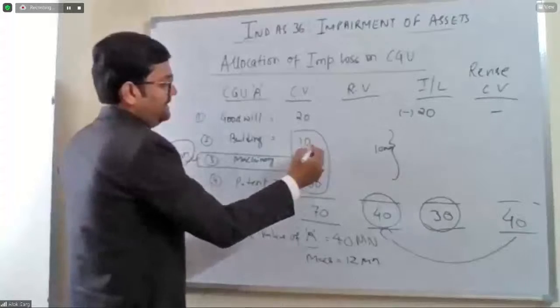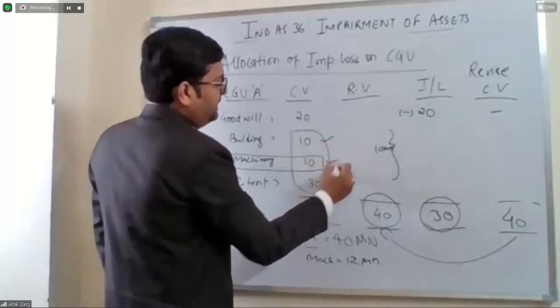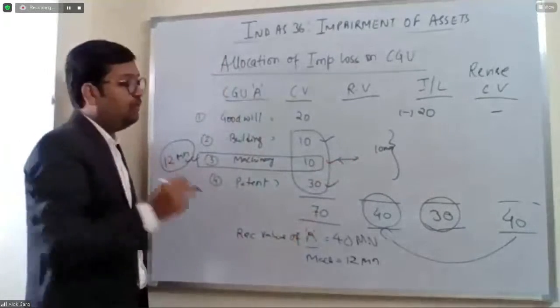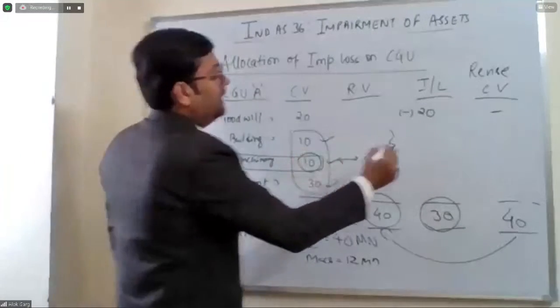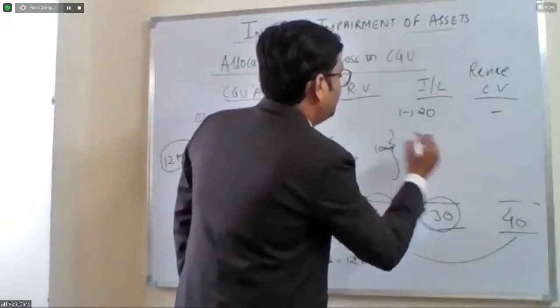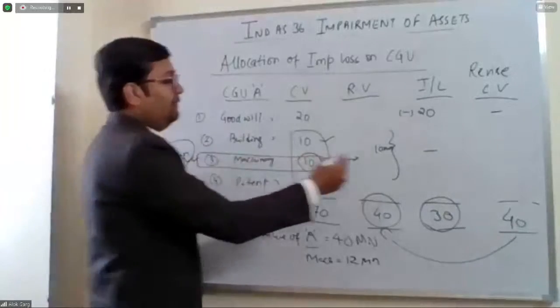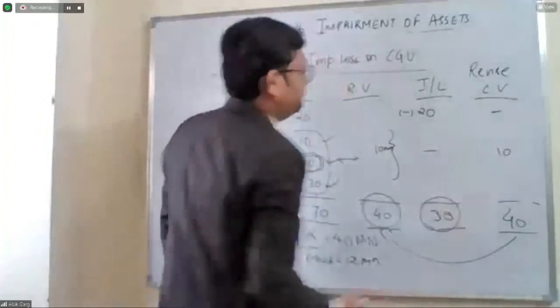Out of these three assets, this one asset has a recoverable amount more than the carrying value. So in this case, there will not be any impairment charge on machinery, and the revised carrying value of the machinery will remain 10 million.